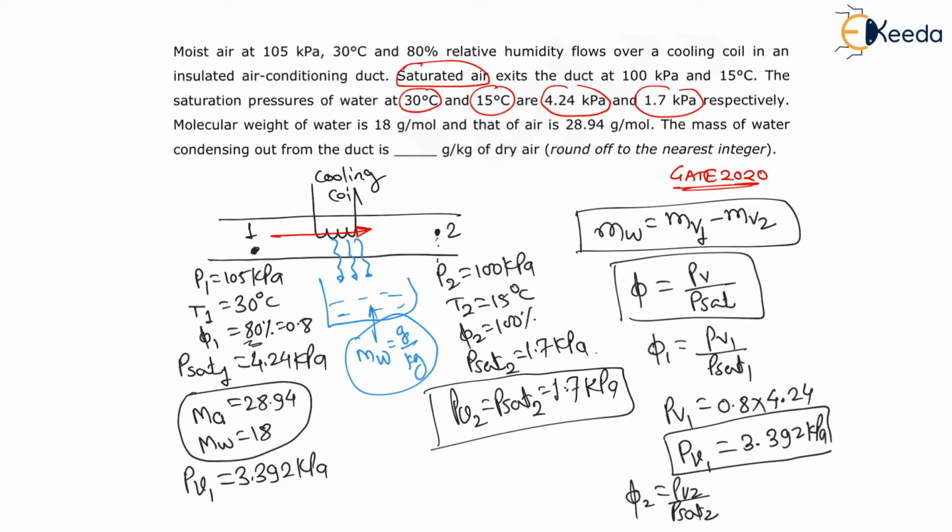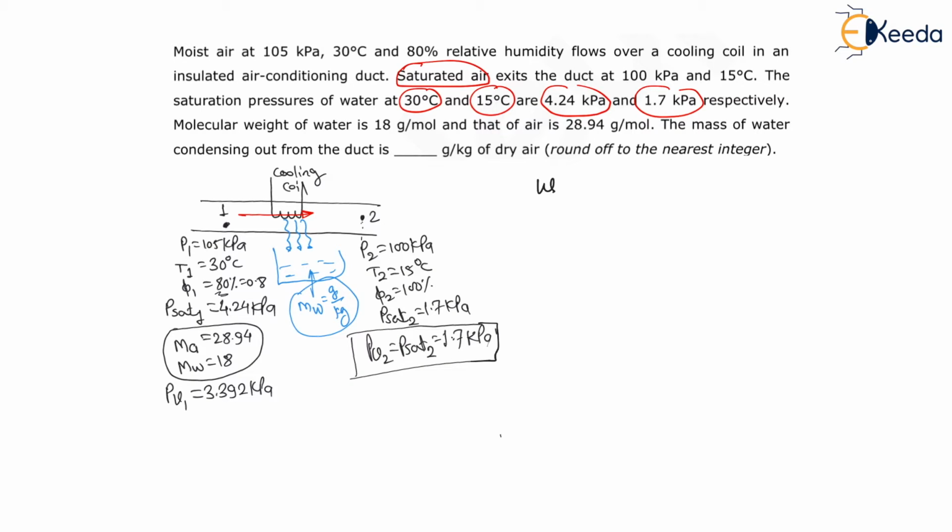Right. Now, once the vapor pressures are calculated, let us find specific humidities, that is omega 1 and omega 2. Now, my dear students, the formula to find specific humidity is the molecular weight of water divided by molecular weight of air, into PV divided by P atmosphere minus PV. This is the formula to find specific humidity. Therefore, let us find specific humidity 1.